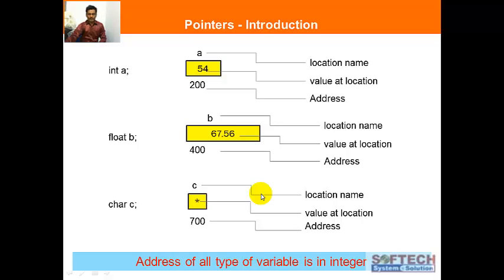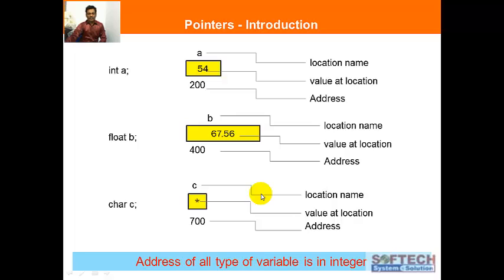In the previous presentation we learned function with argument value type, that is call by value, and also we learned function prototype. The next one is we want to study the function with argument call by reference. So before that we want to know about pointers.